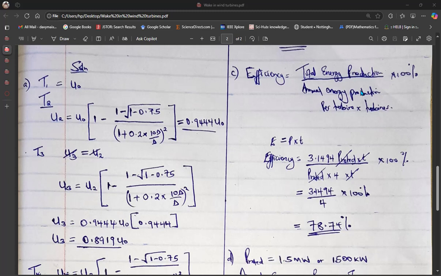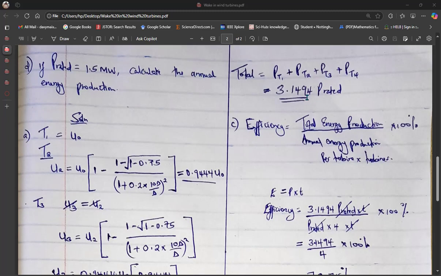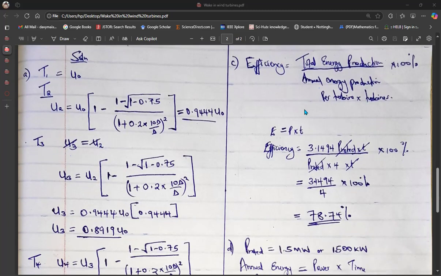which is 3.1494. That is the total power being produced, which will help us determine the total energy. The denominator is supposed to be the rated power, or the expected, the ideal.